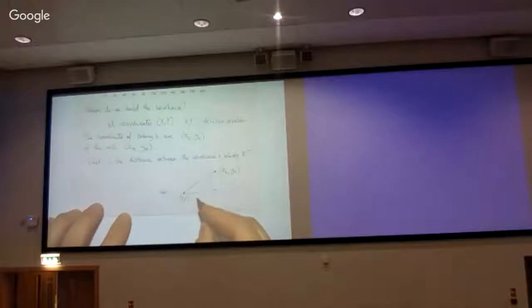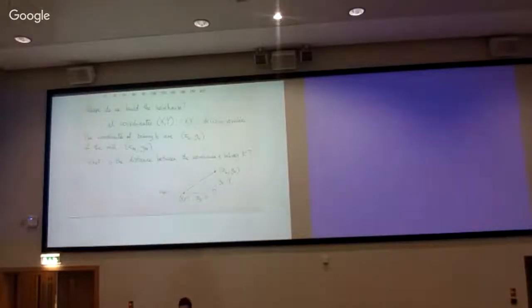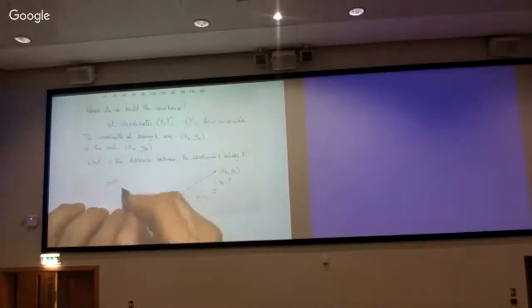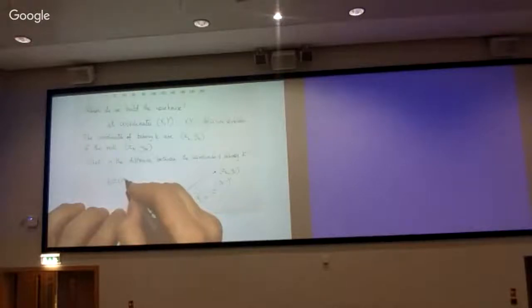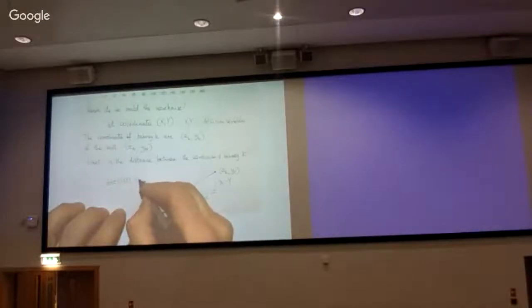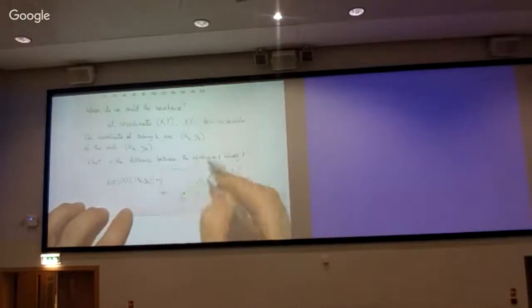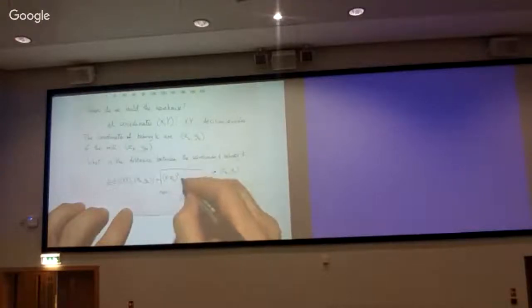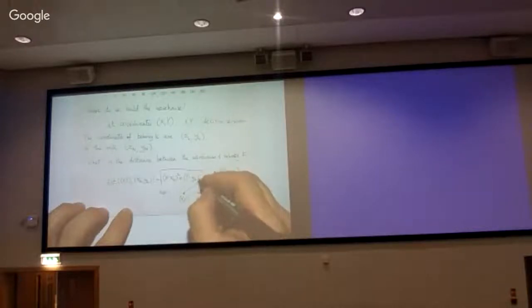So when I do the Pythagoras, this is a right angled triangle. This side has length xk minus x, and this side has length yk minus y. So the distance of the point x, y and xk, yk is the square root of x minus xk squared plus y minus yk squared.